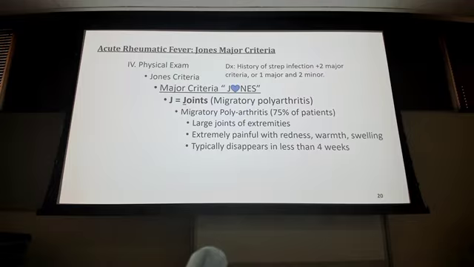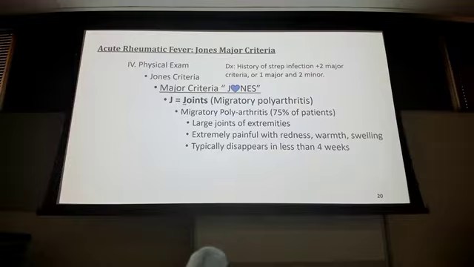But let's look at the major criteria on the Jones criteria to help us differentiate this from other pathologies, okay? Fortunately, if you change the O in Jones to a heart, the name can help you remember what the major criteria are, okay?